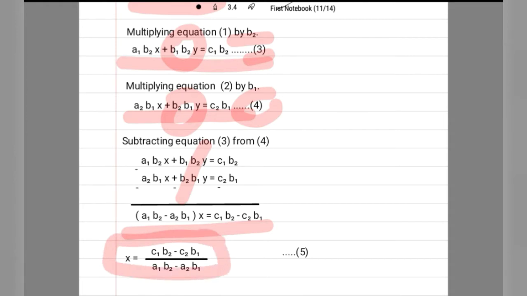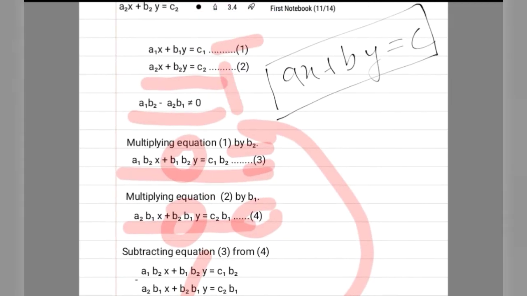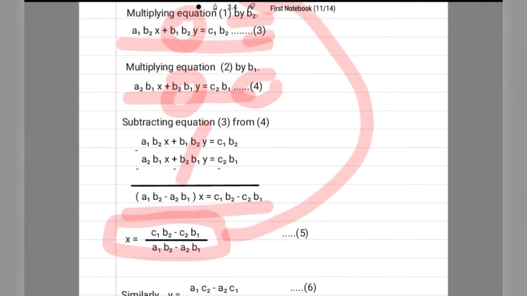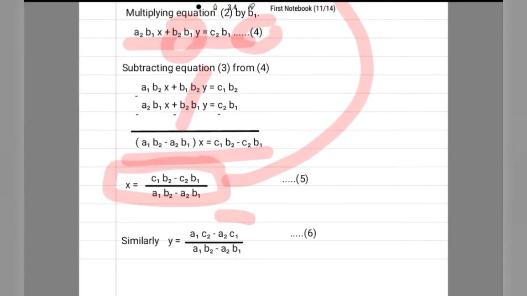Further, if we substitute this value in the given equations, then we can get the value of y. So this is the value of x and y. We get it by elimination method, and it is expressed in terms of coefficients, that is c1, b1, a1, b2 and all. Okay.